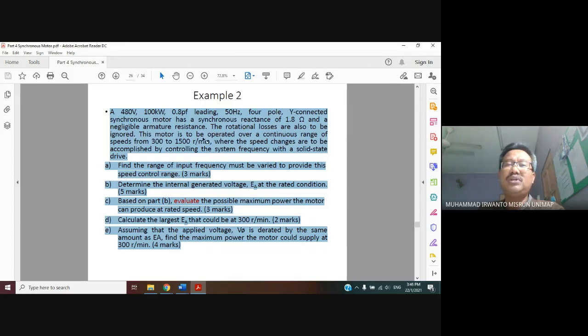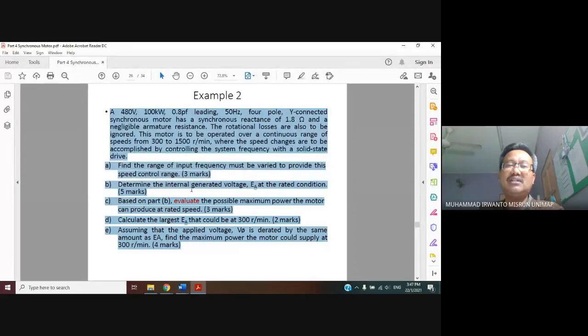This motor is to be operated over a continuous range of speed from 300 to 1500 RPM, where the speed change ought to be accomplished by controlling the system frequency with a solid state drive.